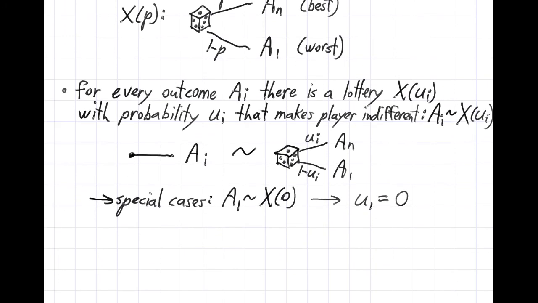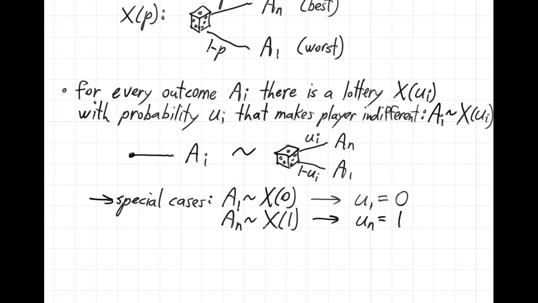And by the same kind of argument, a player would be indifferent to getting the best possible outcome with certainty or playing a lottery that is rigged so they are certain to get that best possible outcome. So we have well-defined values for these special cases.